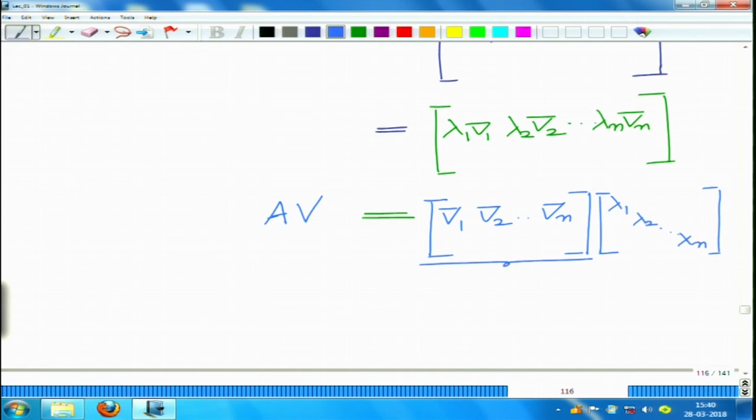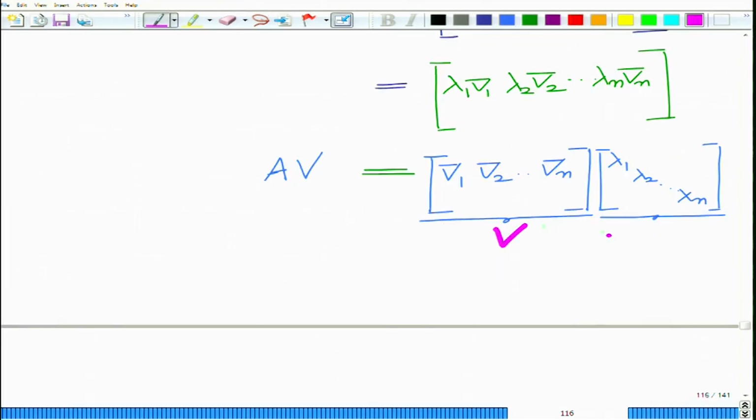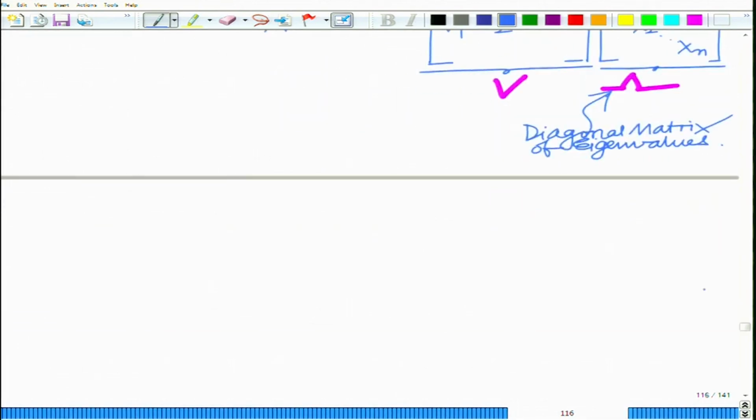So, this is nothing but your matrix V, and this diagonal matrix we denote by capital lambda, the diagonal matrix of eigenvalues.